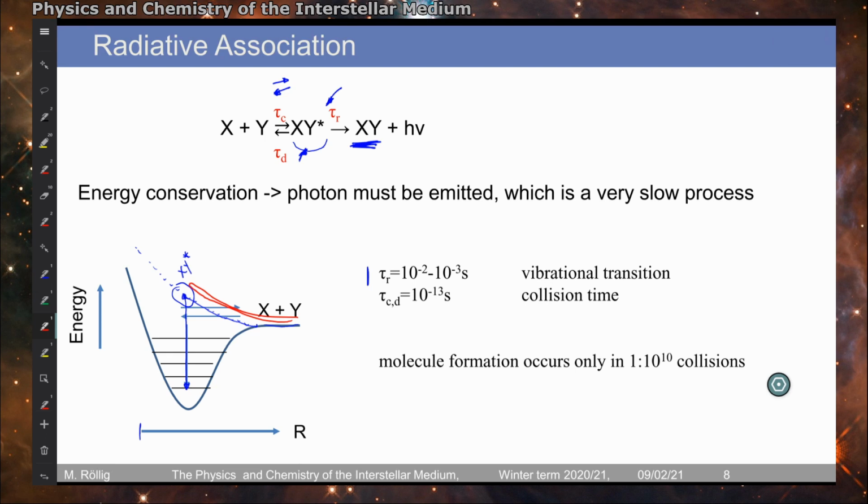And this takes place on a collision time scale of the order of 10 to the minus 13 seconds. Which means just comparing the two time scales, we can estimate a probability of how many of these events are necessary for one molecule formation. This is just the ratio between the two. So we have a molecule formation only in 1 out of 10 to the 10 collisions.